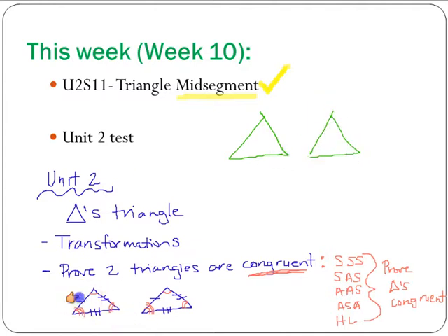And that is when we can use the CPCTC postulate, where it says congruent parts of congruent triangles are congruent. So once we've proved that 2 triangles are congruent, we can use this postulate to prove that any other corresponding sides or any other corresponding angles are congruent.